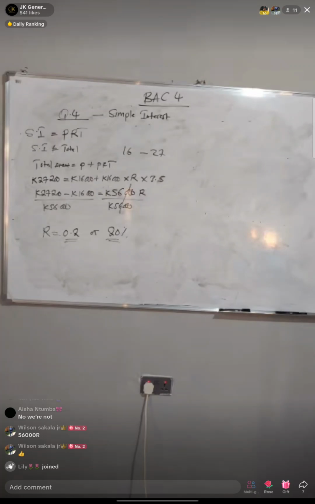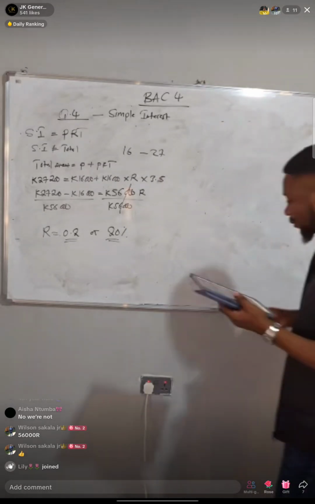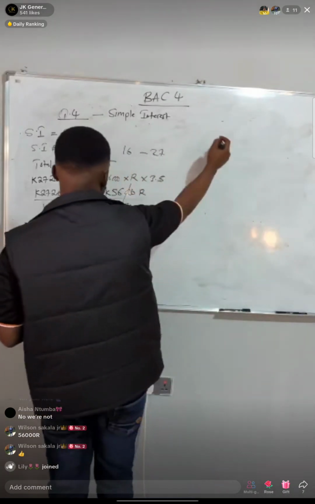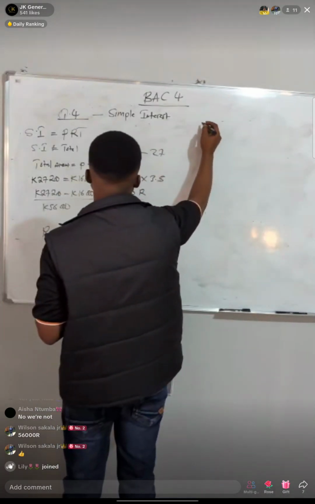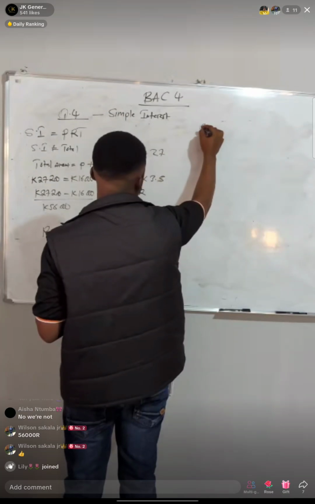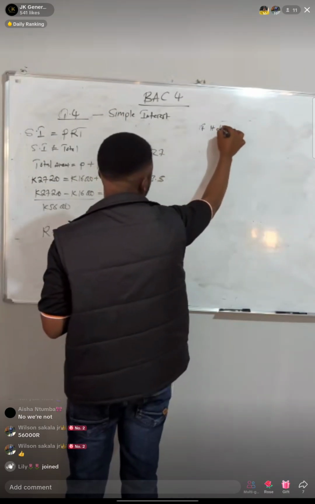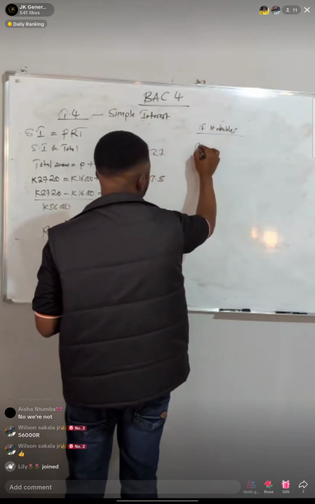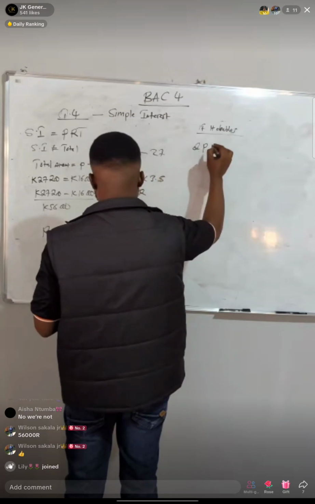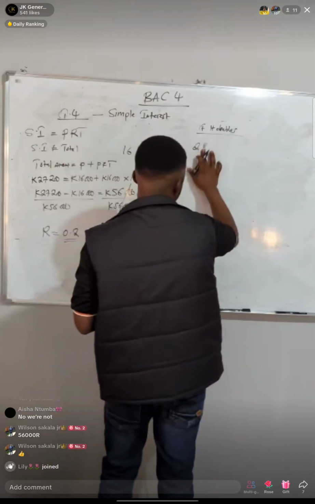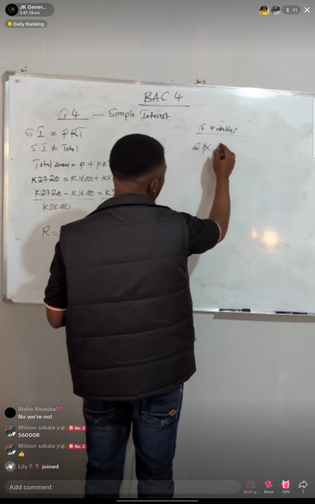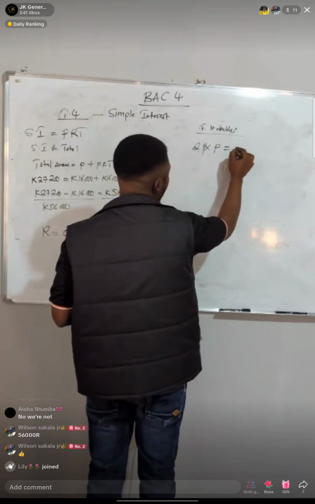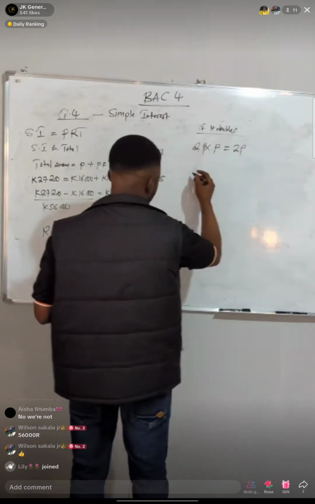If it doubles, what will be the answer? So if it doubles, it will be 2P.